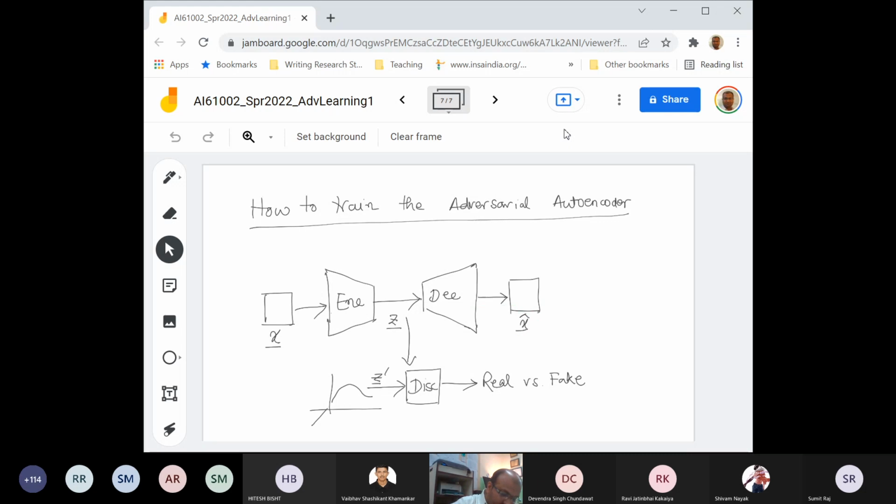So now that it comes out, I can find out one particular kind of loss over here, which is called J1. This J1 is the L2 norm of X minus X hat. Typically this kind of loss is called a reconstruction loss.